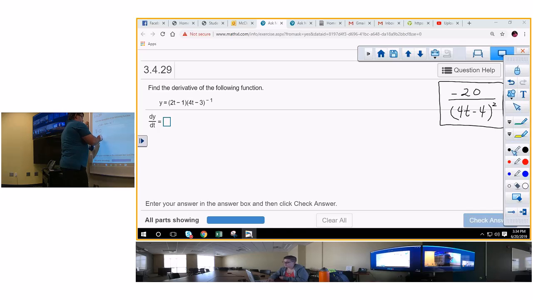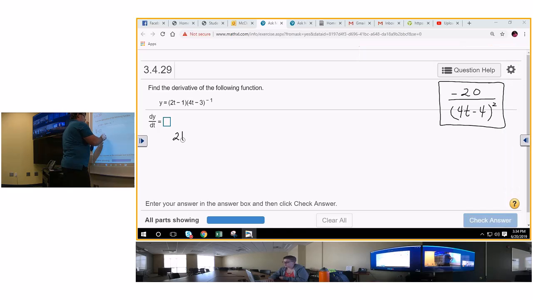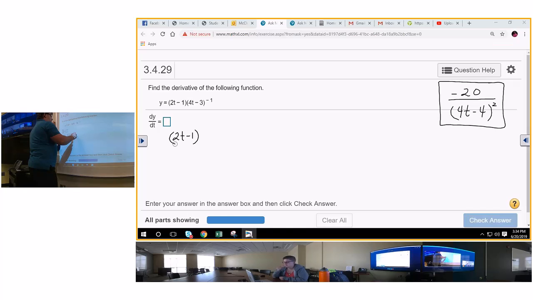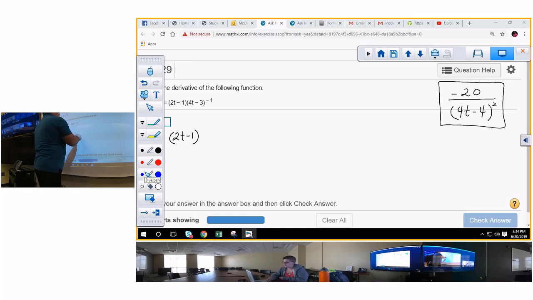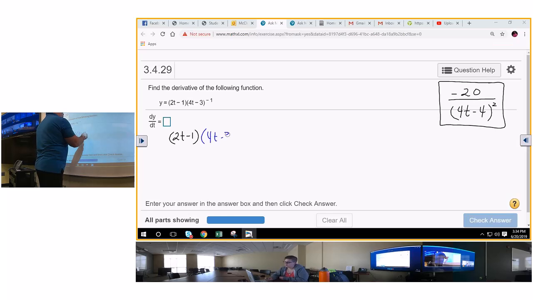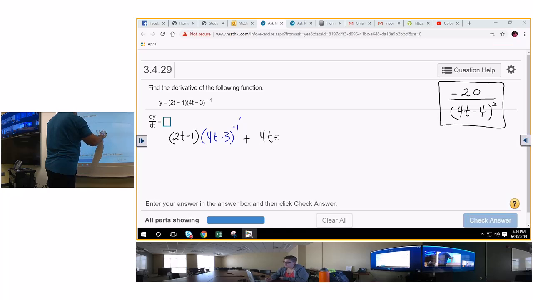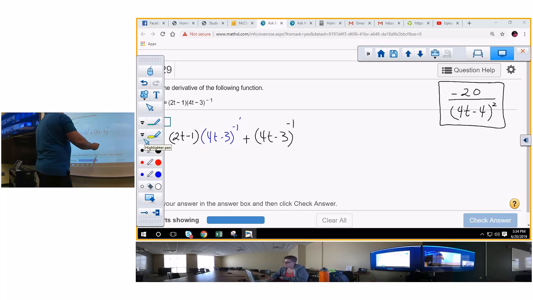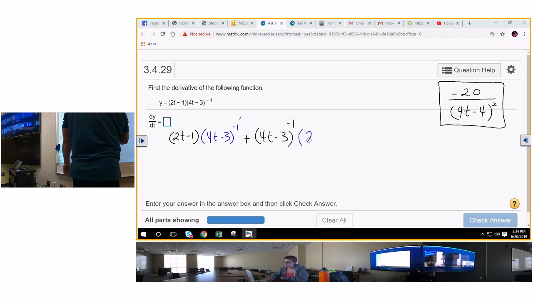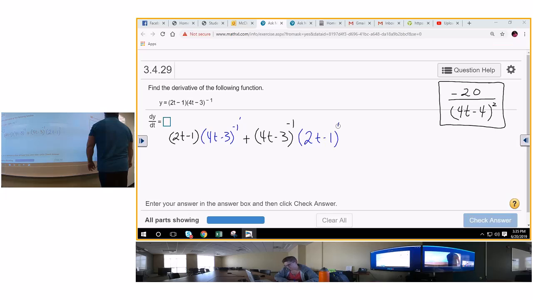I'm going to do first times the derivative of the second plus the second times the derivative of the first, 2t minus 1. We'll do it this way first, and then we'll do it with the quotient rule.